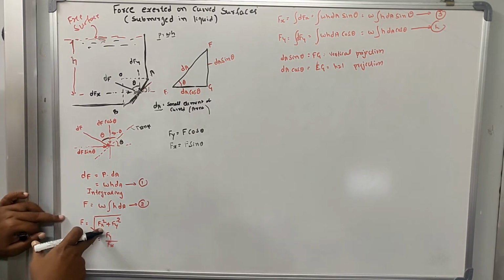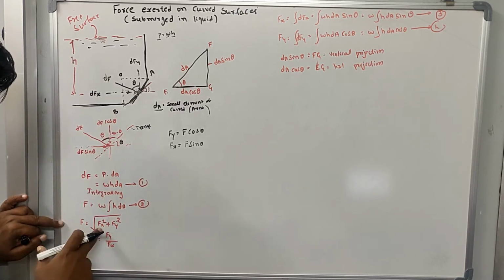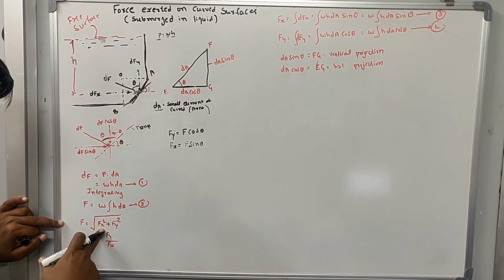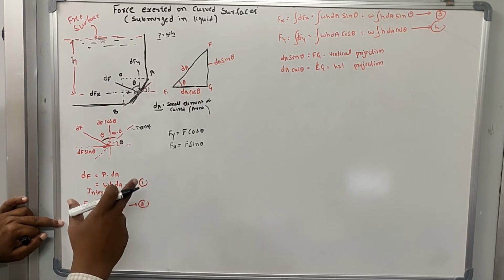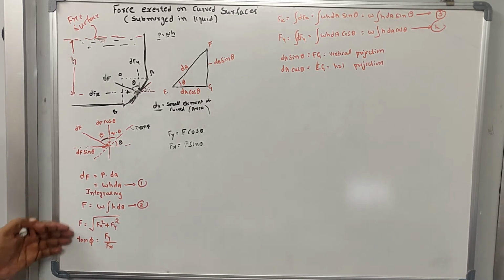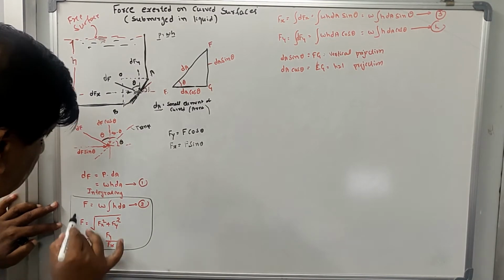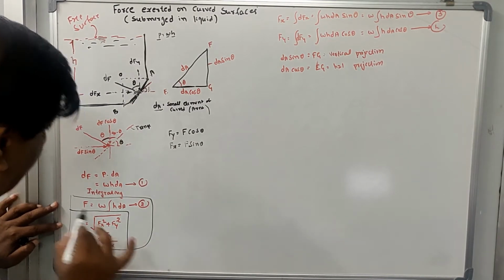What is Fx? Fx is the horizontal component of F. And Fy is the vertical component of F. This is as you know from mechanics.